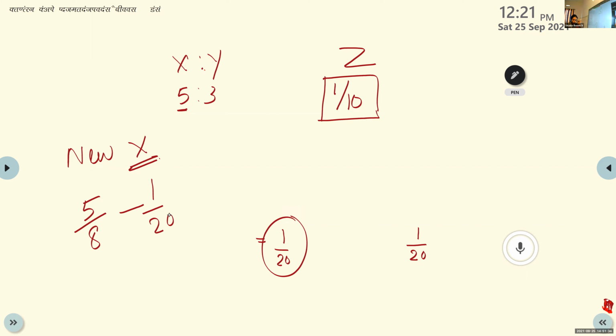That is the new share of X. Similarly, Y, 3/8 minus 1/20. Is it clear now? Now do the calculation and tell me the answer. That is the part where you go wrong. Calculation.